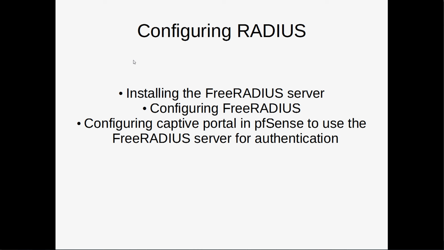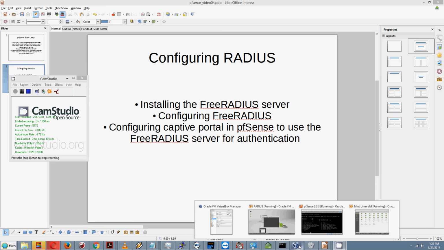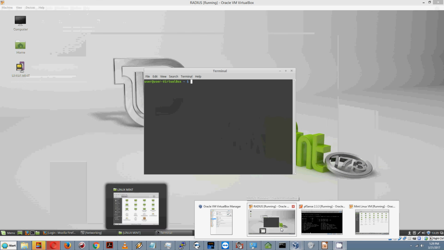So only pfSense needs to have access to the Radius server in our setup, since pfSense provides authentication. The captive portal network does not need to have access to it, so we're not going to give it access to it.